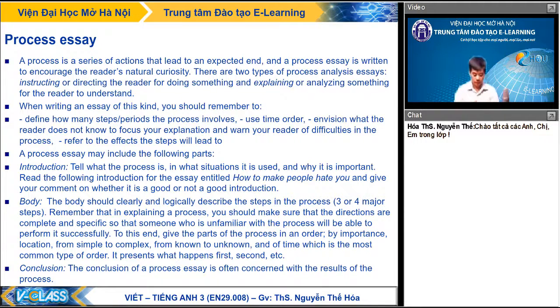So try to make the essay lively by using an amusing or dramatic incident, or maybe a surprising fact. Now we move on to the conclusion. So how can we write the conclusion of the process essay? It is often concerned with the result of the process.